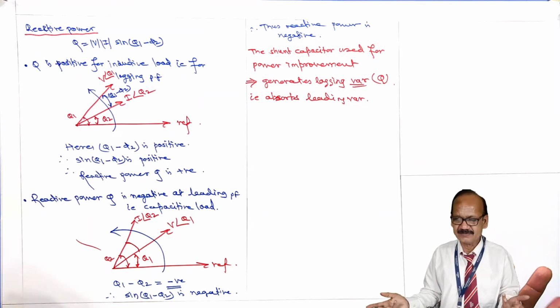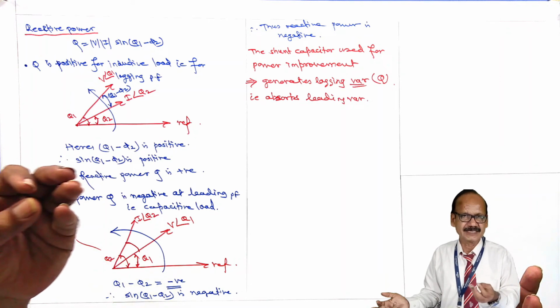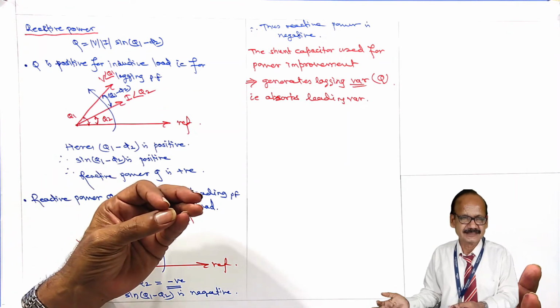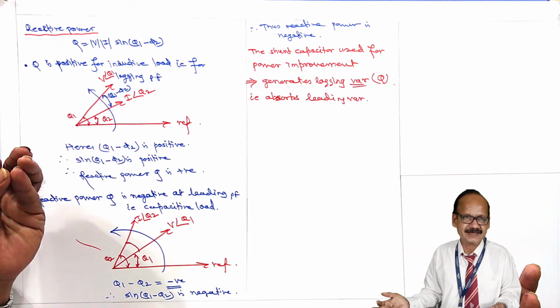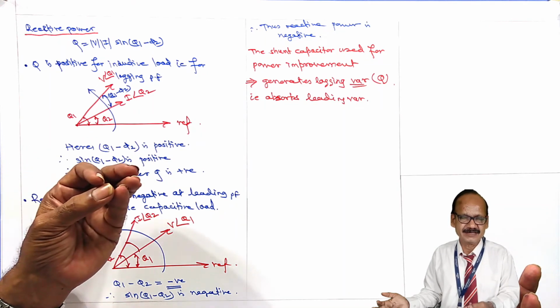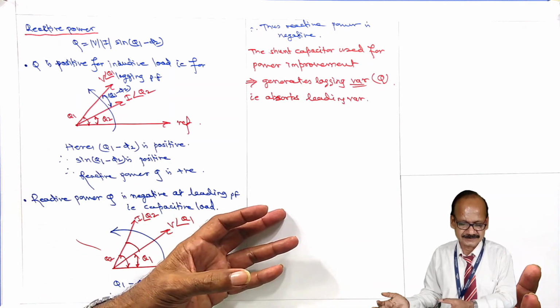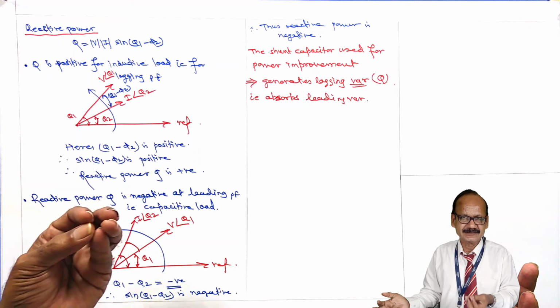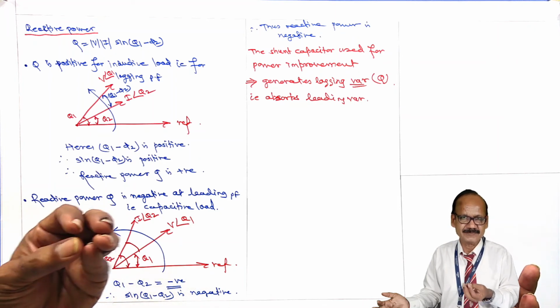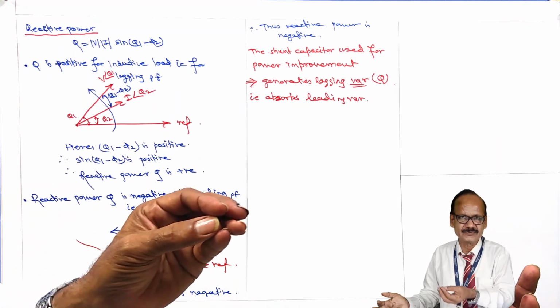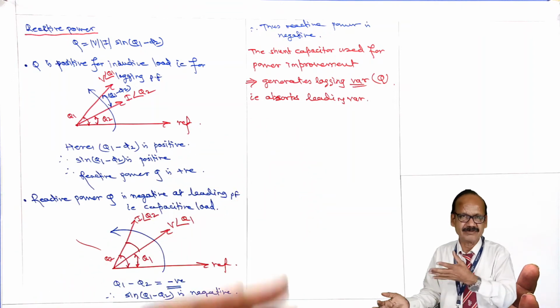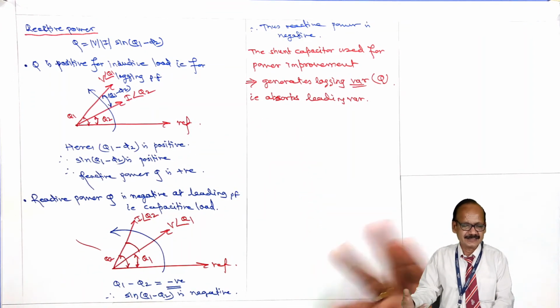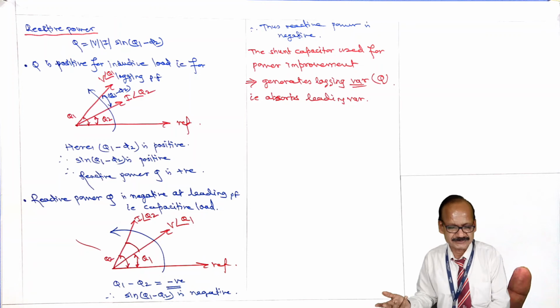We know the unit of active power is watt, bigger unit is kilowatt or megawatt, and reactive power unit is VAR or kVAR or MVAR. Now while obtaining the complex power, S equal to P plus JQ equal to phi into I, you have to take the complex conjugate. And already we have studied what is complex conjugate.